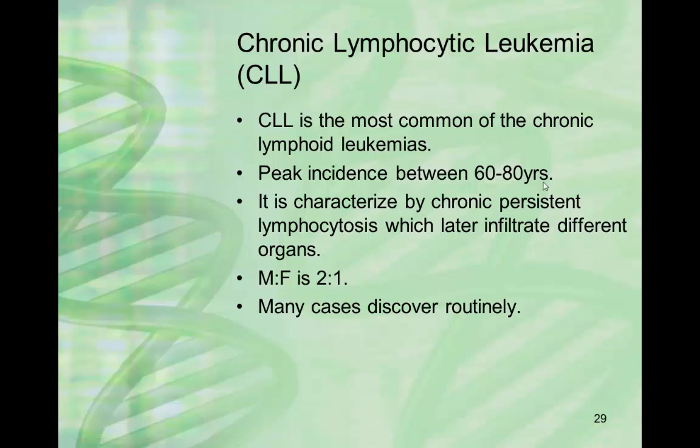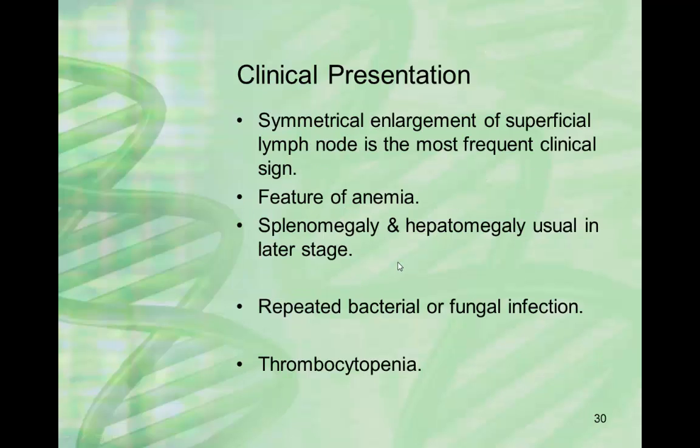The peak is between 60 to 80 years old, more common in male than female, and it could also be discovered incidentally. There is basically lymphadenopathy, anemia, splenomegaly, and hepatomegaly, the same as the others.